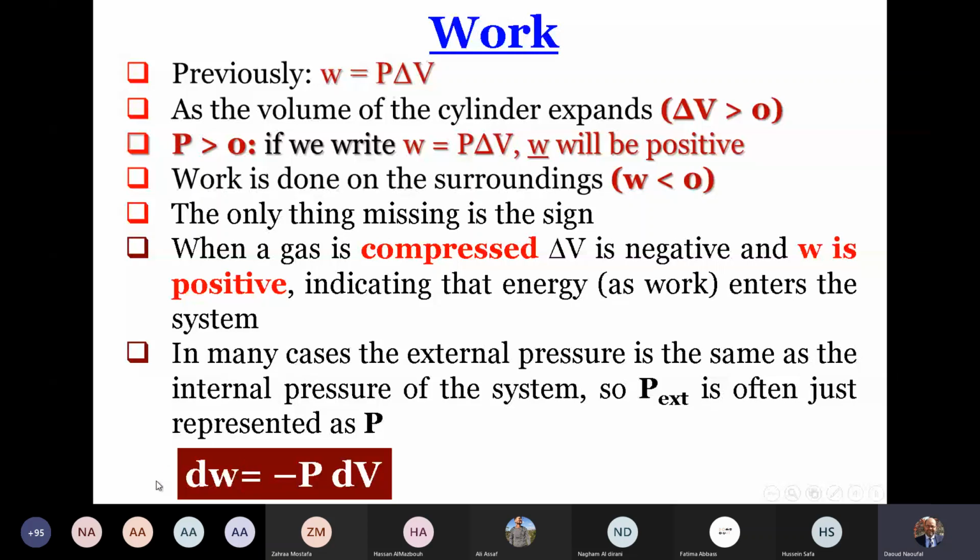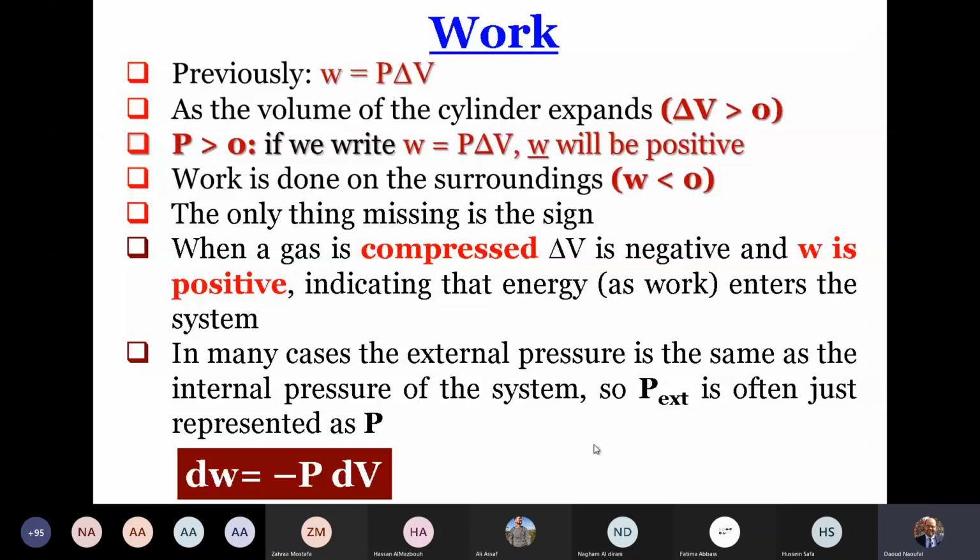So the formula dW should be equal minus P external dV. In some books, you see dW equal minus P external dV. In other books, they represent the formula as dW equal minus P dV. Why? Because in most cases, the P external applied to the gas is equal to the P internal of the gas.